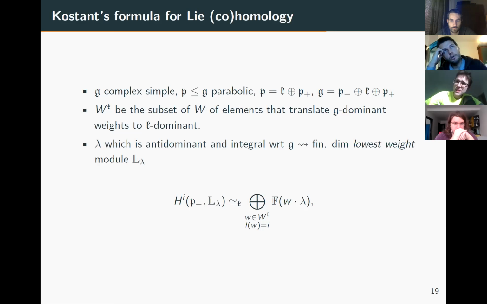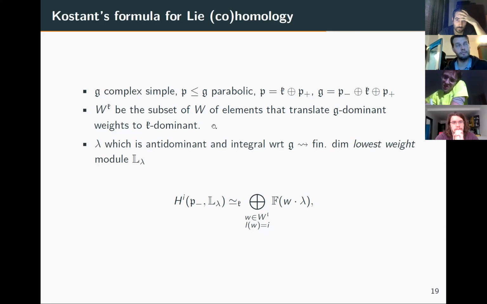This is the result. Once you have chosen your Cartan subgroup and these positive roots, or this triangular decomposition, you have a so-called Weyl group, which is a finite group of Coxeter type, generated by root reflections, whatever that means. And this finite group has a subgroup that corresponds to this subgroup L of P. You can take any element of this Weyl group and write it as a product of two so-called minimal length representatives.